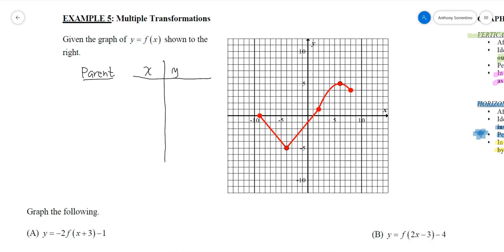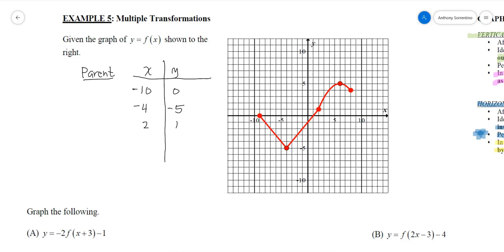That makes it a little easier. So it looks like I have -10, 0, -4, -5. I can put any axes in there too if I want to, but I'm not going to. It looks like I have 2, 1.